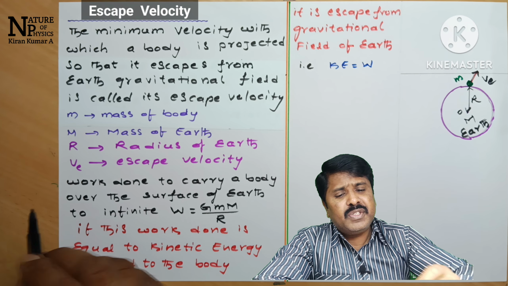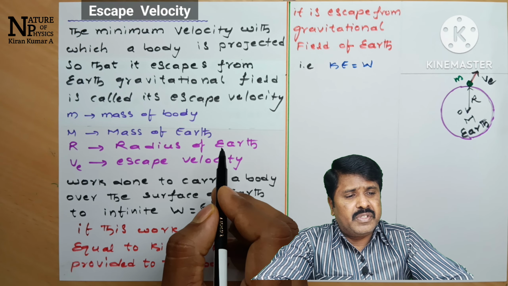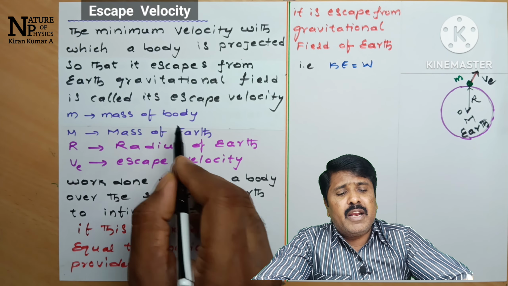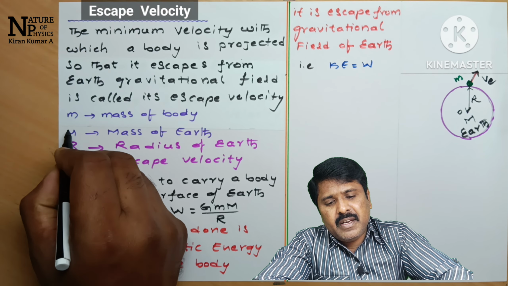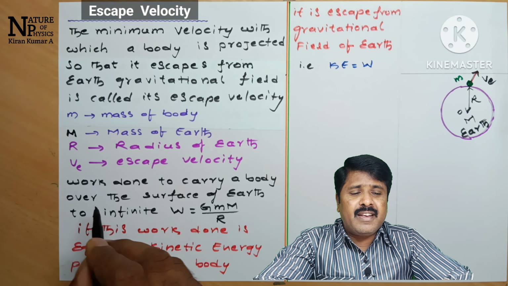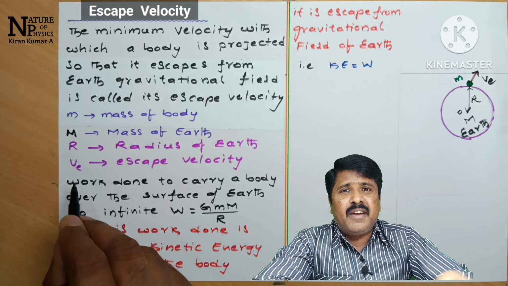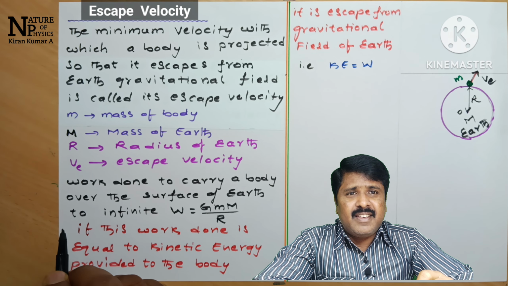See students, the derivation is clearly written for the theory. Small m is the mass of the body, capital M is the mass of the earth, capital R is the radius of the earth, and V is the escape velocity.